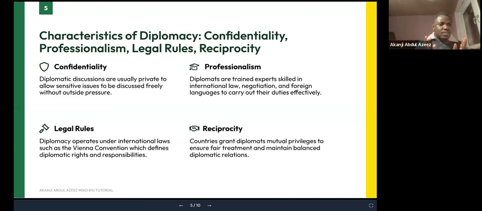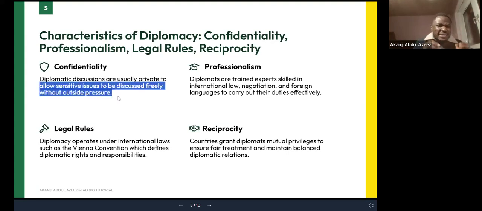Confidentiality being a characteristic of diplomacy means that confidential negotiation is one of the principles that allow diplomats to discuss sensitive issues freely. You can see from the slide, it allows them to discuss sensitive issues freely without pressure from the public or the media.